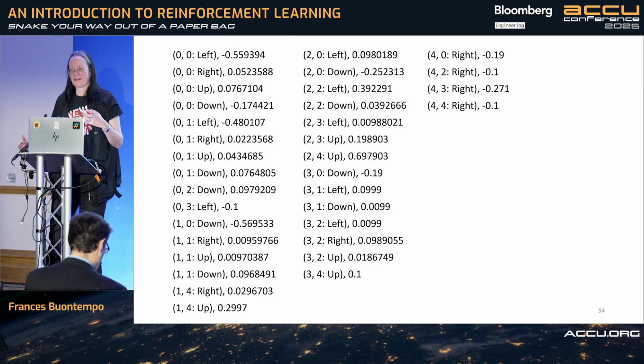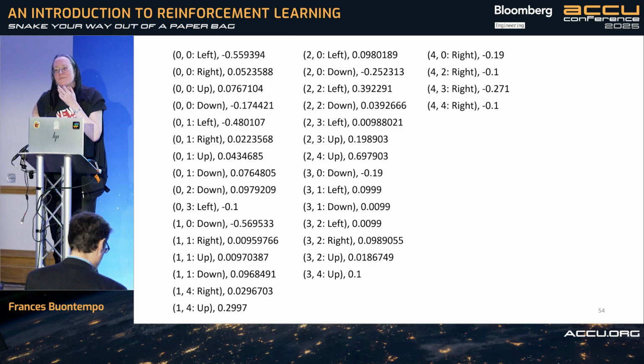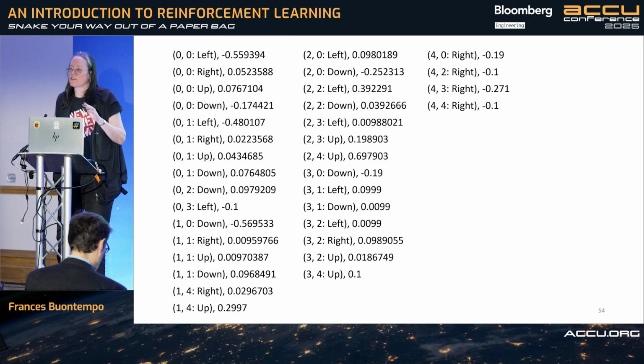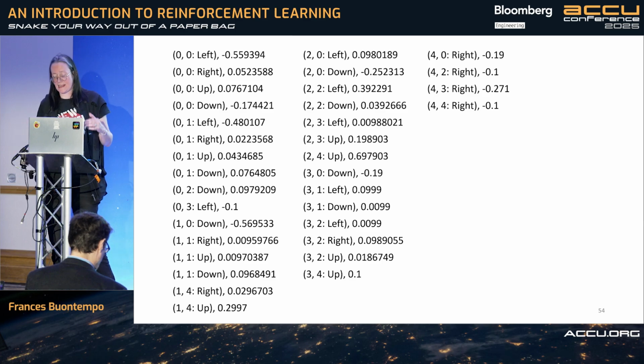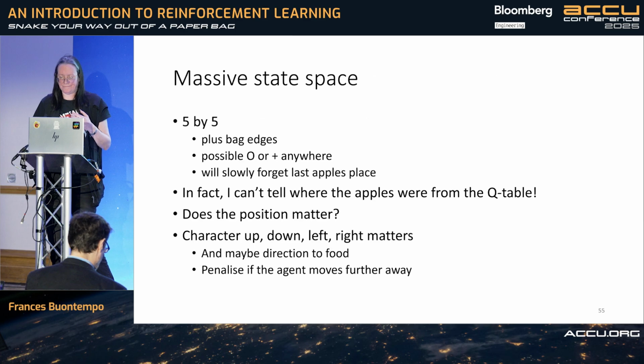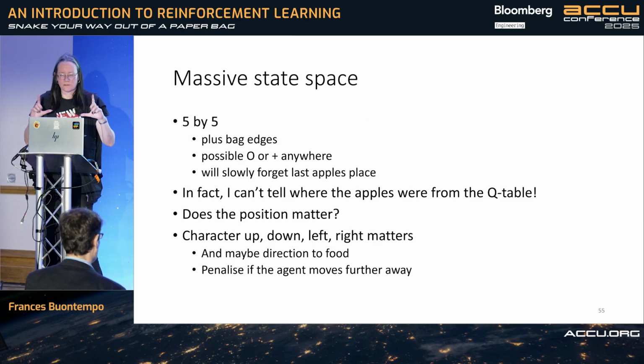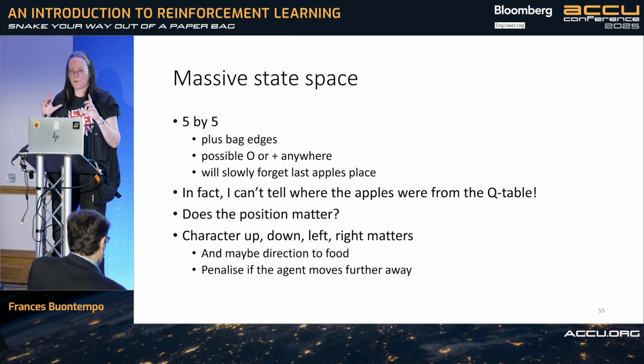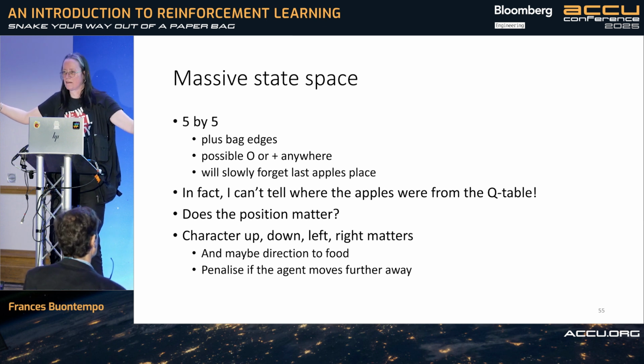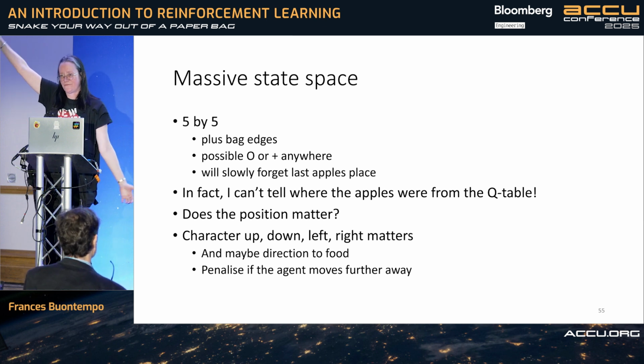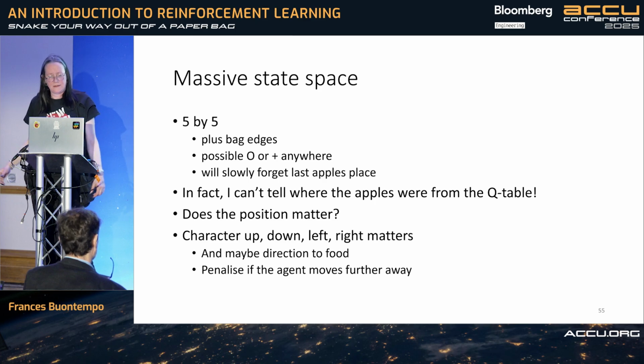So at this point, now I can't see quite as much as I could when it was a fixed obstacle. I can see it's not going out of the edge of the bag. But where was the apple? And this is a 5x5 bag, remember, and we're going to play snake, so it's going to be big. I don't know, like 45 by 50 or bigger, right?